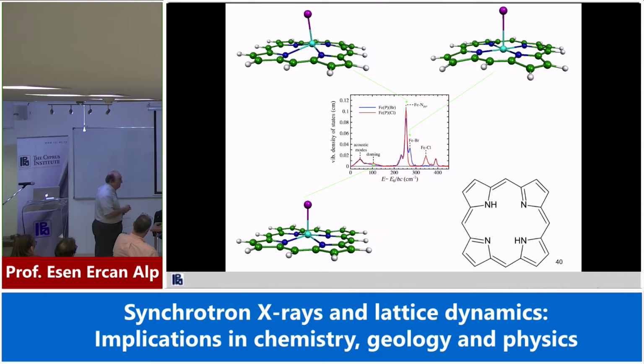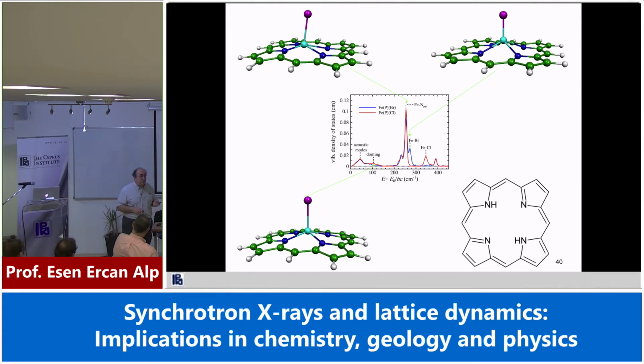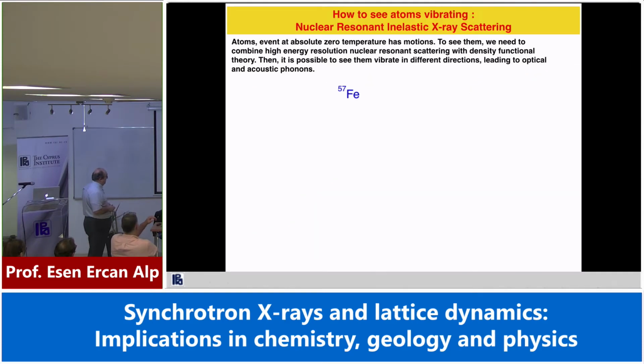So we published, of the 300 papers, about 100 of them studying vibrations of molecules that are used in catalysis. It could be enzymes like hydrogenase, nitrogenase enzymes. It could be catalysis of oxygen reduction reaction or hydrogen reduction reaction. So there are so many ways you can use this method to study objects.